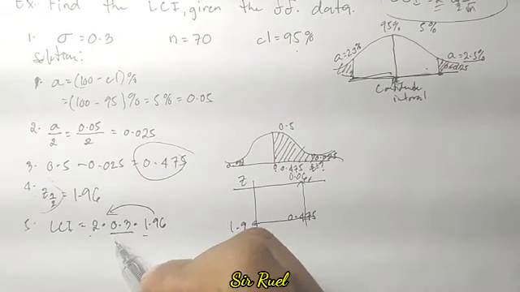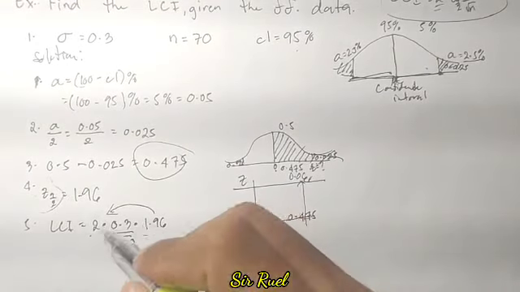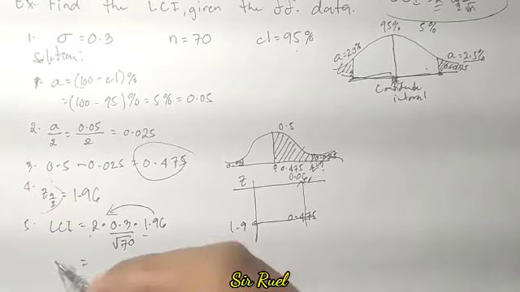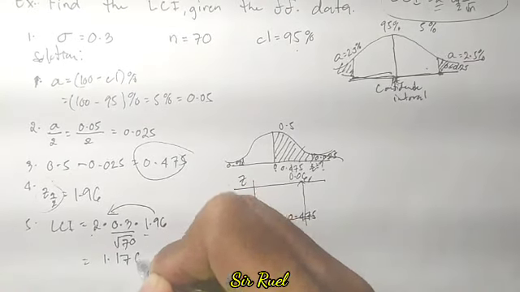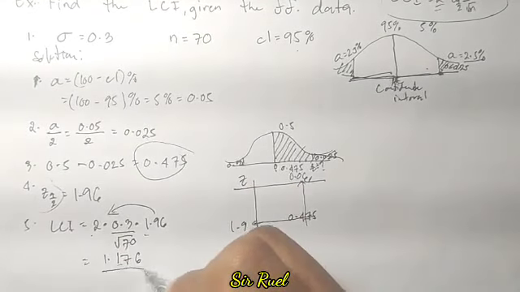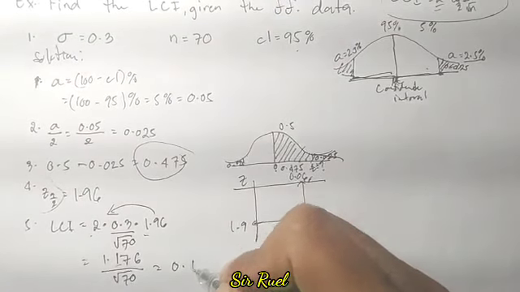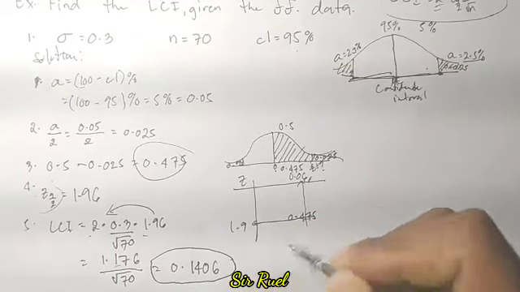Divided by square root of 70. So yung first thing we need to do is we will multiply these 3, yung nasa taas. So 2 times 0.3 times 1.96. Yung sagot natin dito is 1.176. Divided by square root of 70. Yung sagot natin is 0.1406. So, eto na yung length of confidence interval.